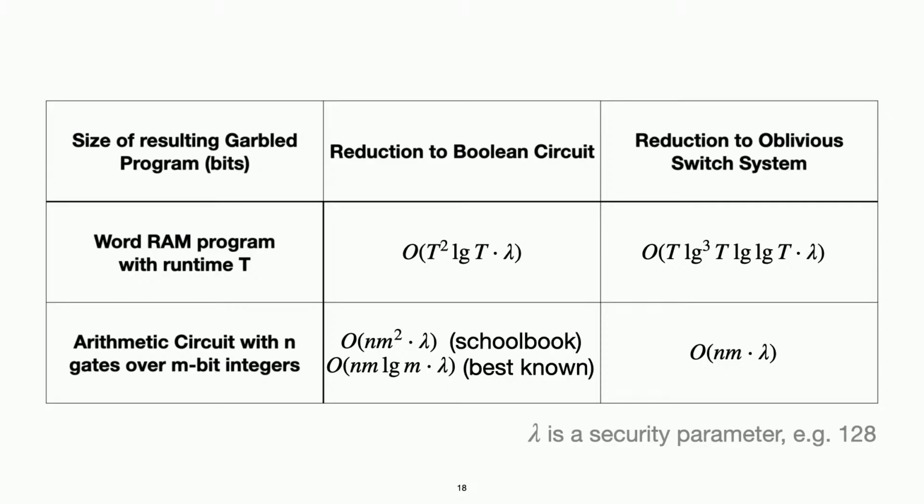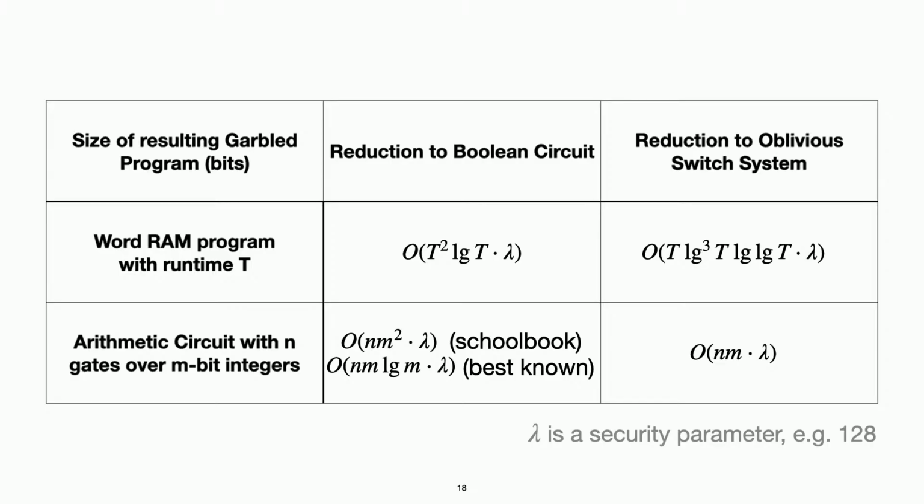And the reason for that is basically every single time your word RAM program does anything, you have to go through and read every single slot of memory in order to figure out if that's the thing you're looking for or not. Okay? So in contrast, if you have one of these switch systems, you can get a switch system which is t times some polylog factor, which is on the board. Okay, so the overhead is tremendously better.